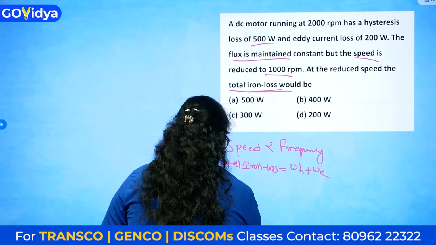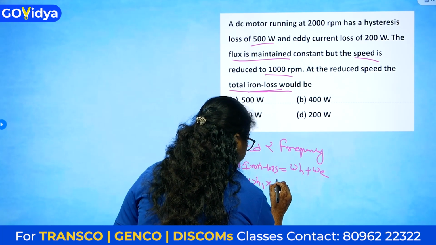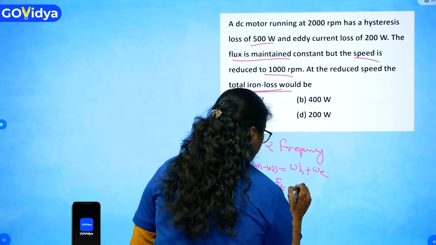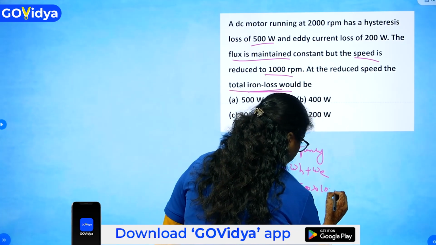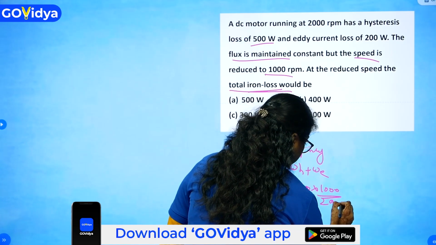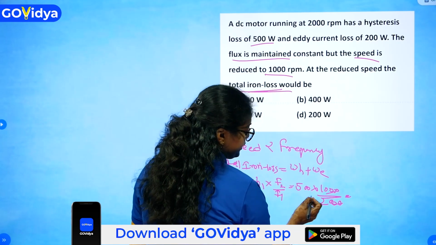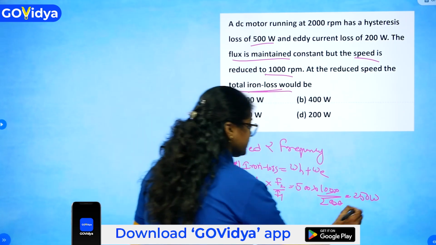WH2 is equal to WH1 into F2 by F1. So 500 into 1000 by 2000. You will get 500 by 2, nothing but 250 watts. So the hysteresis loss we got is 250 watts.